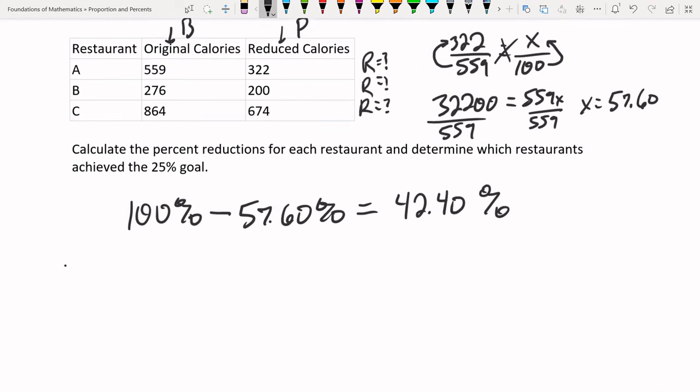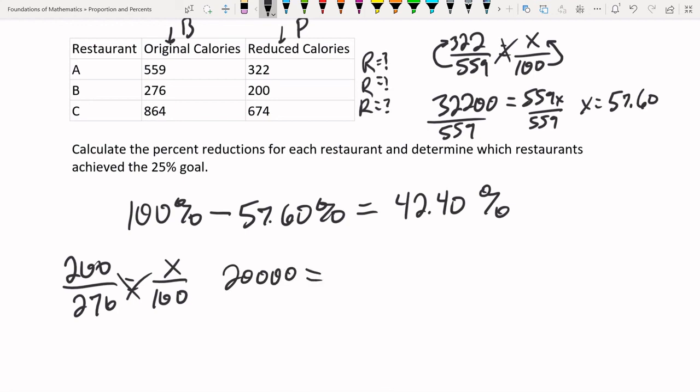Same process, right? We're going to take 200 over 276 equals x over 100. Cross multiply and divide. Divide by 276.